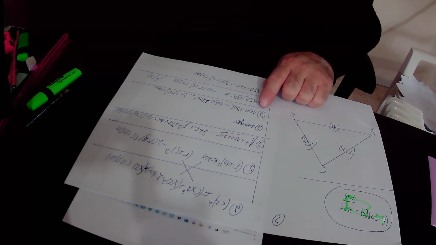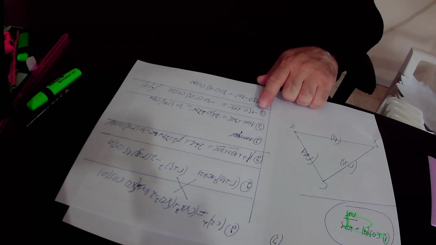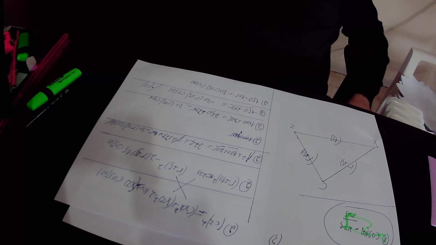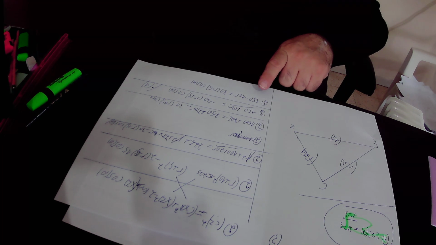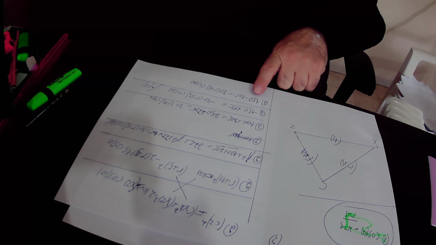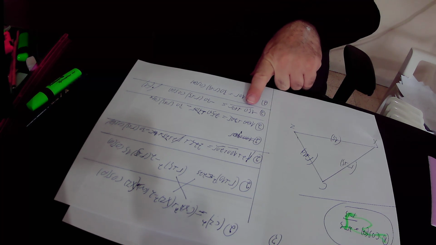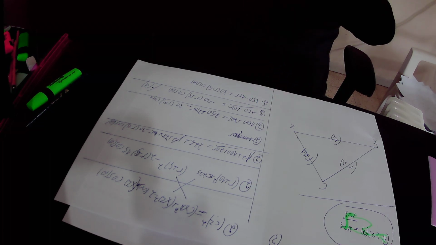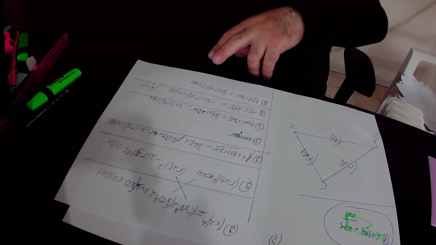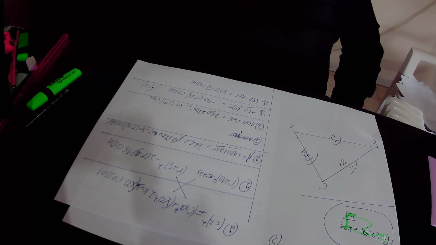Here we subtracted 250 from equation number 2, and we got that 100 minus 250 is minus 150. Then we subtracted 10r from this equation, and we got that 20r minus 10r is 10r, and it is equal to minus 30 times (r plus 5) times cosine theta.